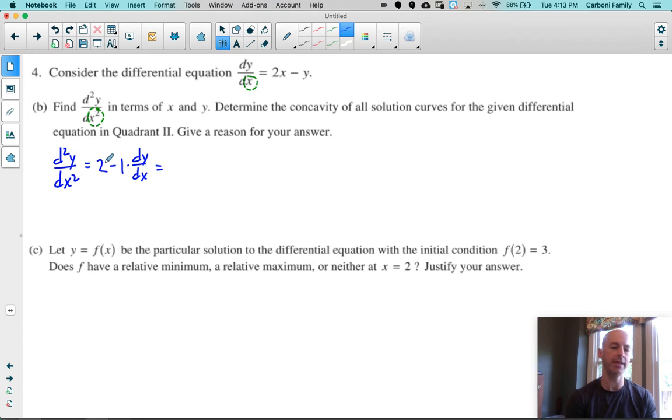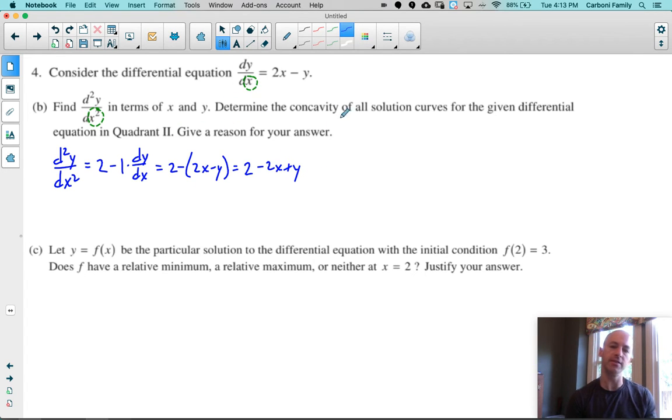And then they did say to write the equation in terms of x and y. So I will replace that dy dx with the equation 2x minus y, which I suppose I could change to 2 minus 2x plus y. No real reason to do that other than it's not that hard to distribute a negative.